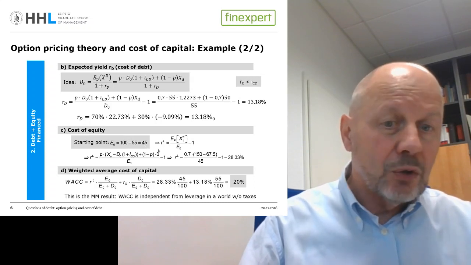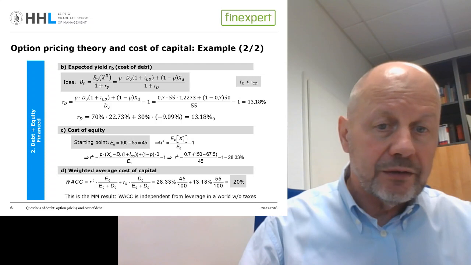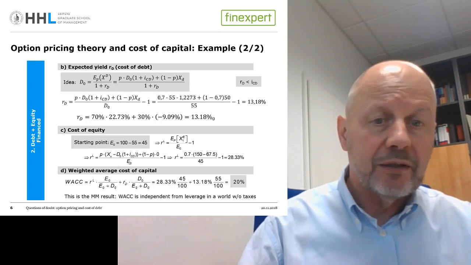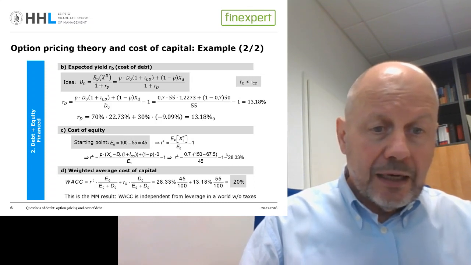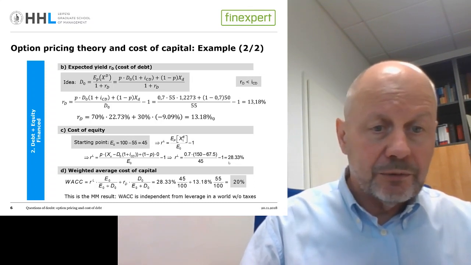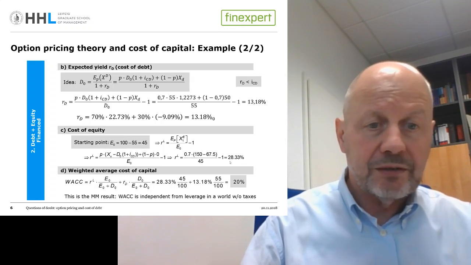Again, the only unknown is this discount rate, the levered cost of equity. So we can rearrange this equation and plug in the figures, and you see that our cost of equity translates into 28.3%.